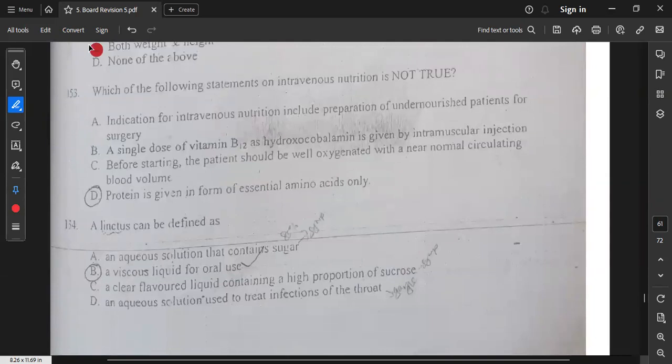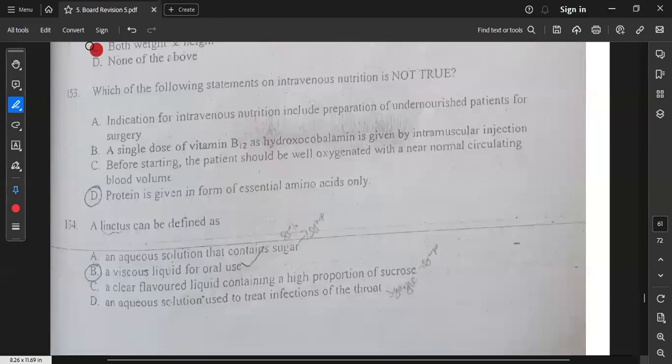Now, which one of the following statements on intravenous nutrition is not true? Indications for intravenous nutrition include preparation of undernourished patients for surgery. A single dose of vitamin B12 as hydroxocobalamin is given by intramuscular injection. Before starting, the patient should be well oxygenated with a near normal circulating blood volume.